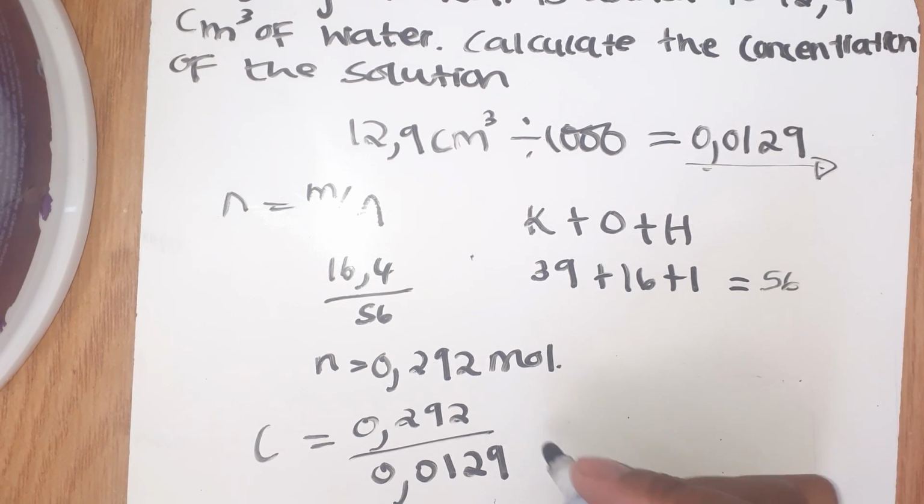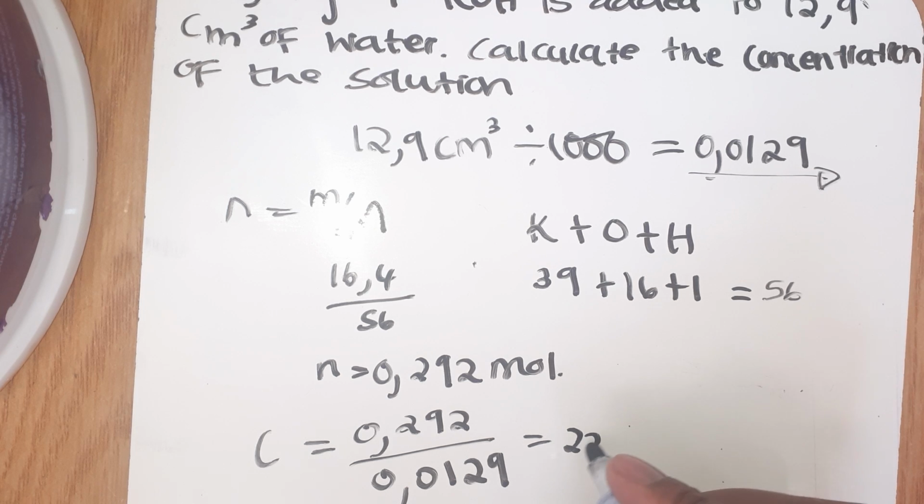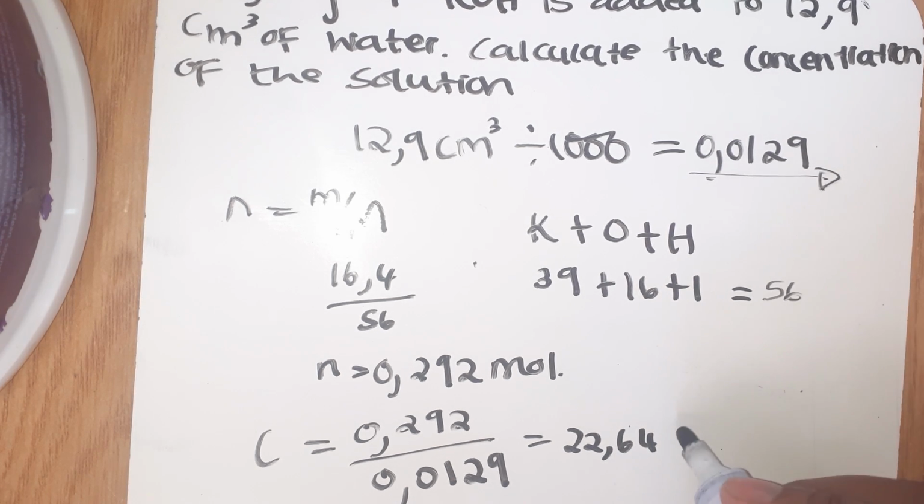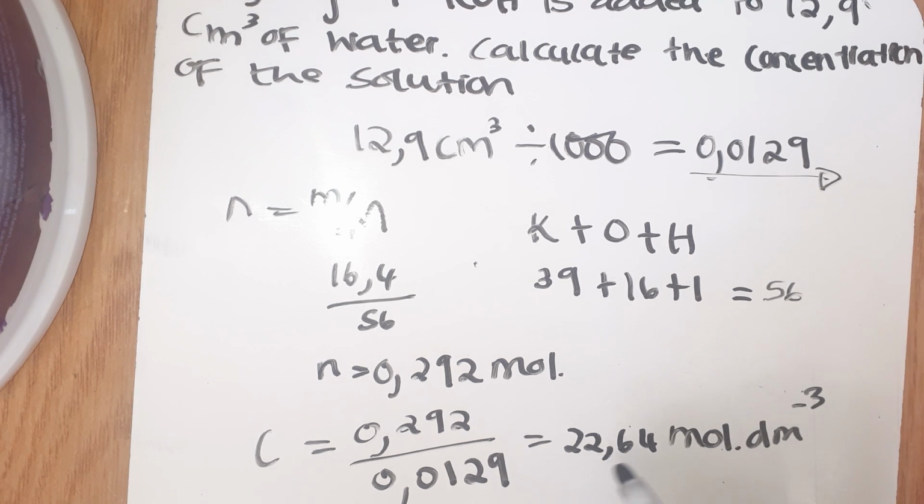When you put that into the calculator, it will give you 22.64 mole per decimeter cubed. So this is how you represent concentration.